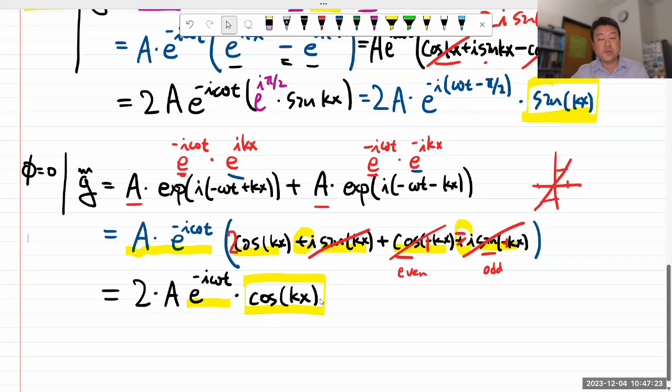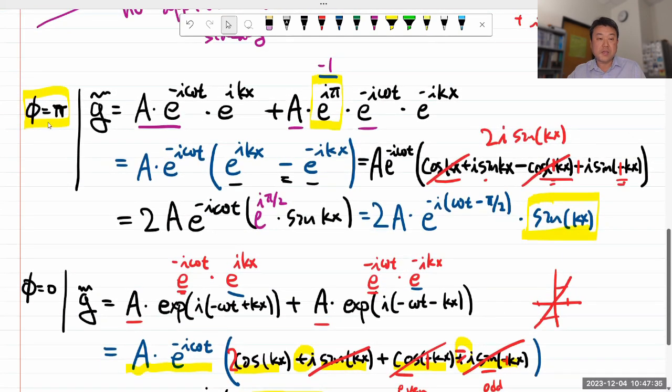Or either you are looking for standing waves of a different shape, or you are looking for a case where your origin has been shifted over. One way you can do that is by looking at a different phase. Then with a phase of pi, you get standing waves that go as a sine of kx.